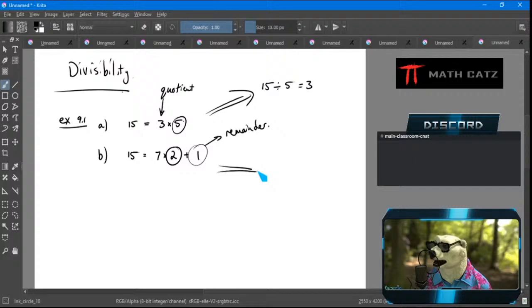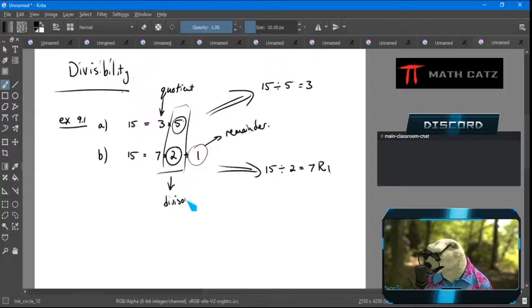And for the one on the bottom, 15 divided by 2 equals 7 with a remainder of 1. So the numbers in question here, we'll call them the divisors, because how we're going to get this breakup is by way of division. The division operation is going to tell me all these pieces in how the original large number can be broken up.